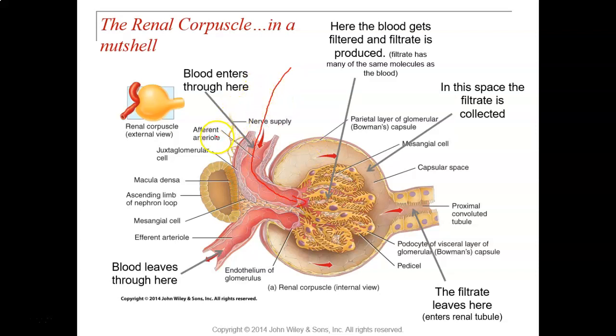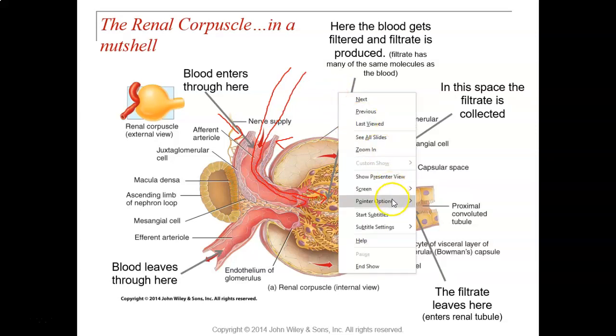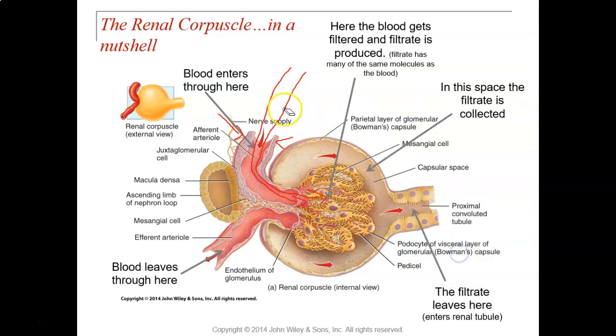What happens if the afferent arteriole constricts? Actually, let me just draw two to begin with. If the afferent arteriole constricts, now we've got less blood flowing into the glomerulus.